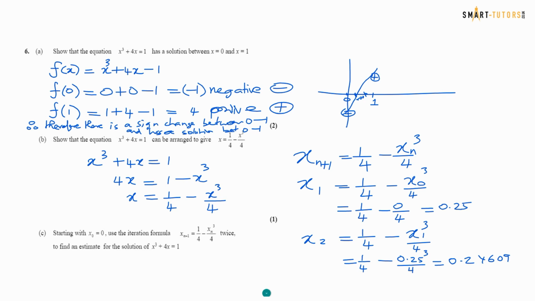So find an estimate for the solution to 2 decimal places. If they ask for 3 decimal places, you can do so. 2 decimal places is 0.25. So that is the answer for question number 6.